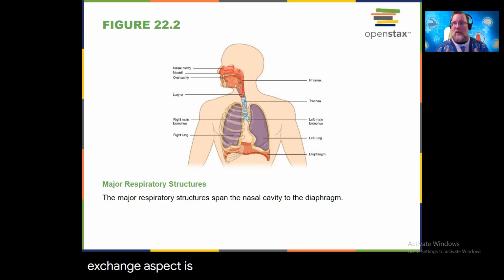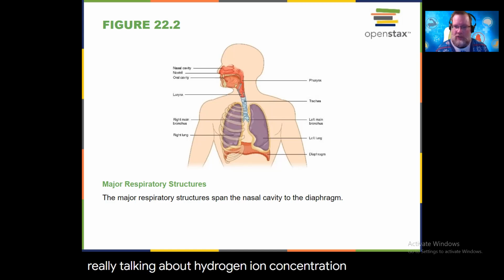The respiratory system is your primary regulating mechanism for balancing pH. When we talk about acid-base balance or pH balance in the body, we're really talking about hydrogen ion concentration.